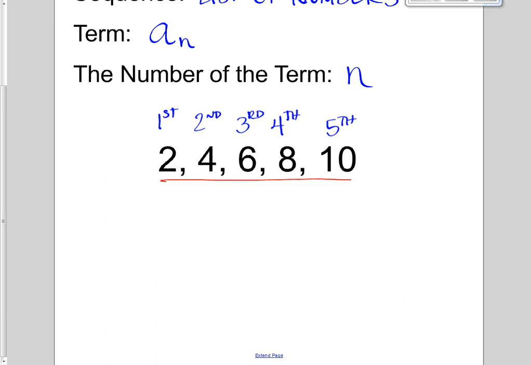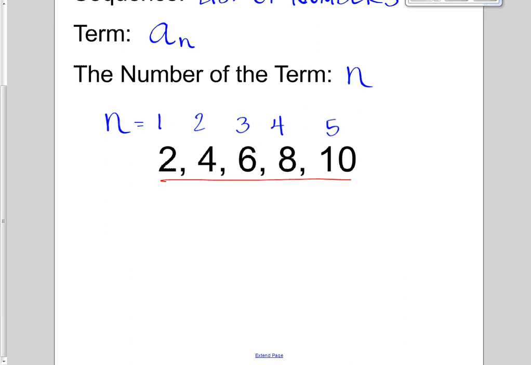Well, this first, second, third, fourth, fifth, these are the N values. I don't actually use these superscripts on here, so I'm going to take all of these off, but just so you understand what we're dealing with.